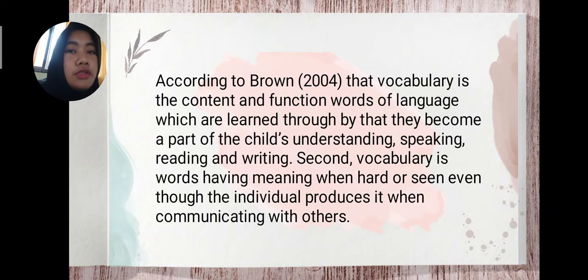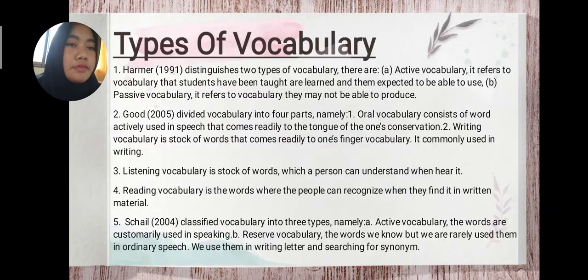According to Brown, 2004, vocabulary is the content and function words of language which are learned so that they become a part of the child's understanding, speaking, reading, and writing. Second, vocabulary is words having meaning when heard or seen, even though the individual does not produce it when communicating with others.